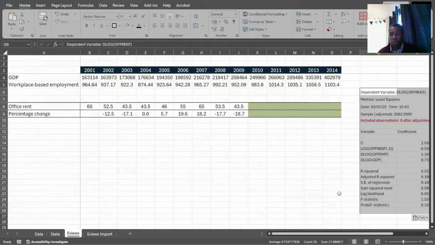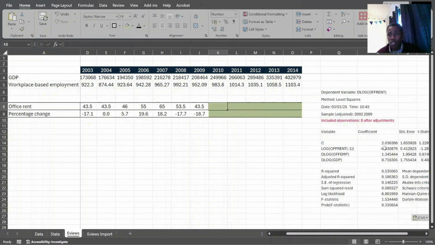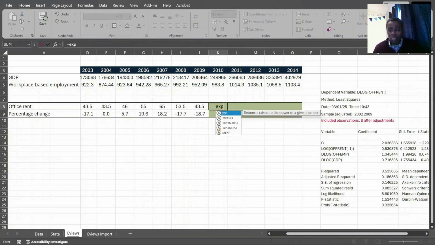Okay. So I hope you can all see this. Right. So what I'm going to do now is put in this model. Each one of these coefficients corresponds to a value that helps us ascertain our office rent. So we have our output here. I'm just going to put this model into Excel and show you quickly how I do this.